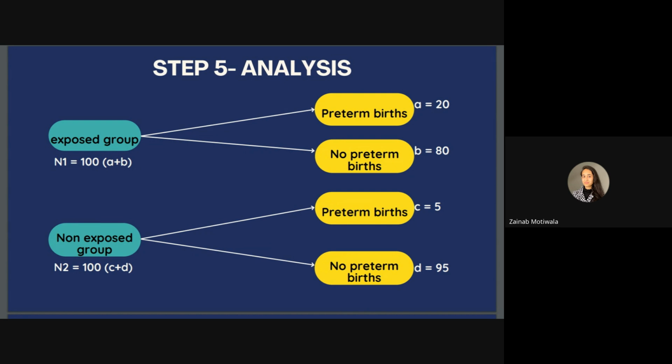We have this hypothetical situation where we have 100 smokers versus 100 non-smokers. 20 among the smokers developed preterm births while 80 didn't, and similarly 5 people developed preterm births among the not exposed population, with 95 having no preterm births. So what do you all think would be the total incidence of the disease, that is preterm births in this particular case?